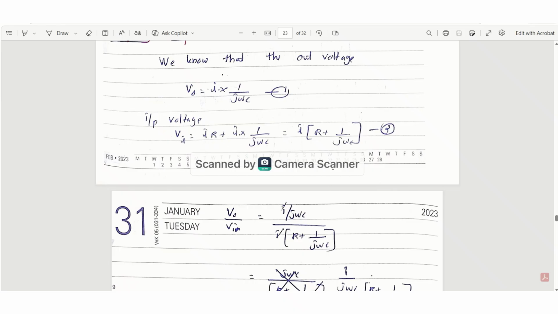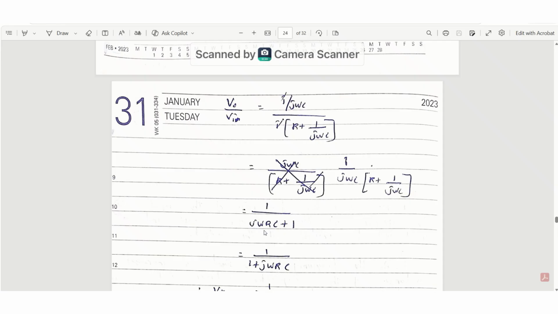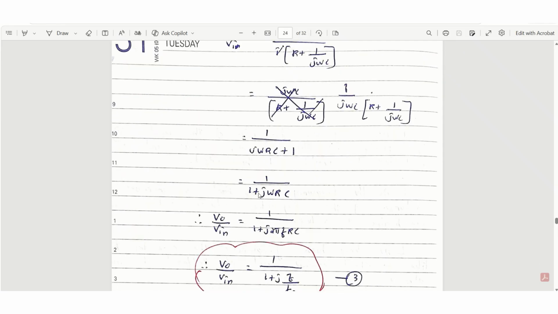So substituting the Xc component, that is 1 by j omega c, we are getting V0 by Vin as I by j omega c at the output, and at the input side I into R plus 1 by j omega c. By solving this equation, we are getting the gain expression of low pass filter as 1 divided by j omega RC plus 1, that is equal to 1 divided by 1 plus j omega RC.